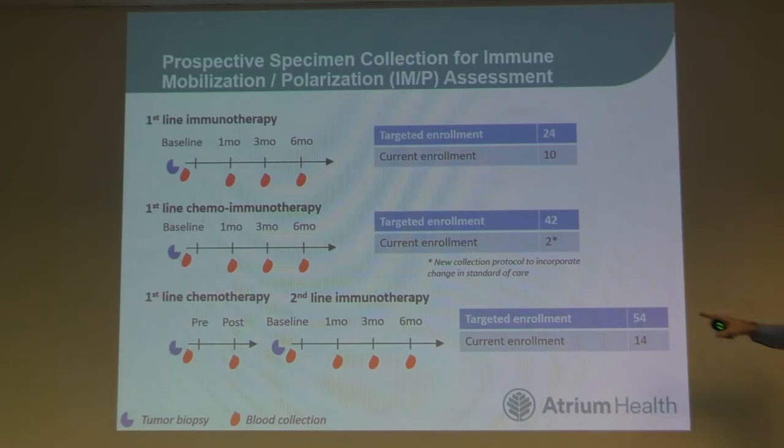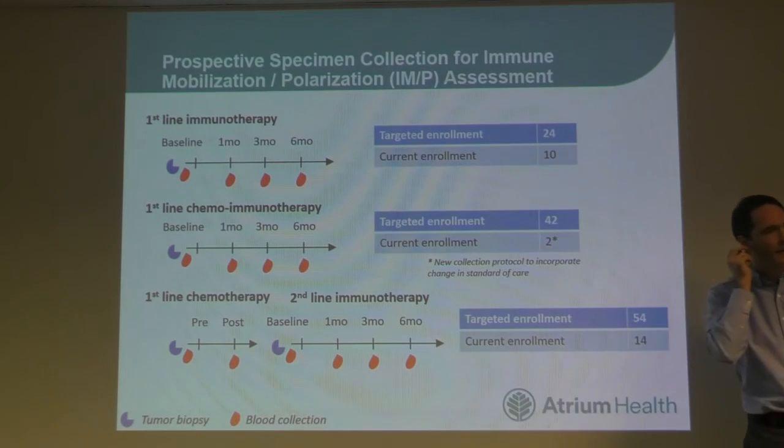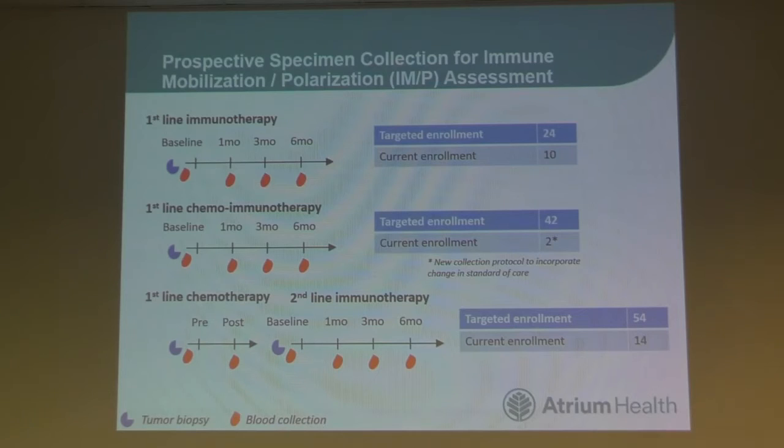And the second arm actually doesn't look so nice, and it's actually good news. So I was telling you up to March, April this year, patients had to be PD-L1 positive to be eligible to receive immunotherapy first line, chemoimmunotherapy first line.